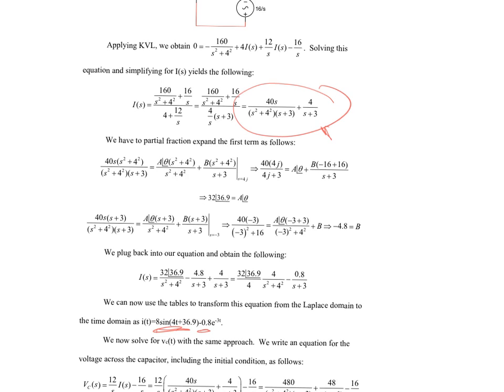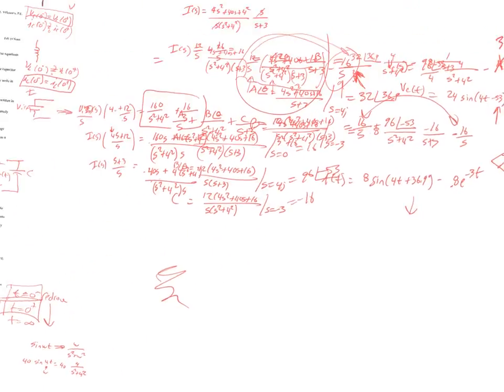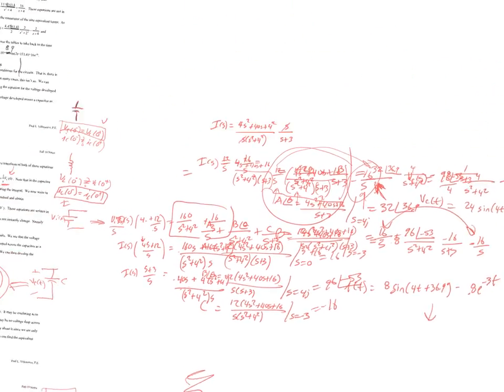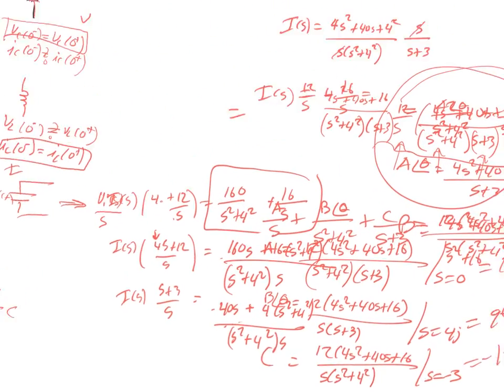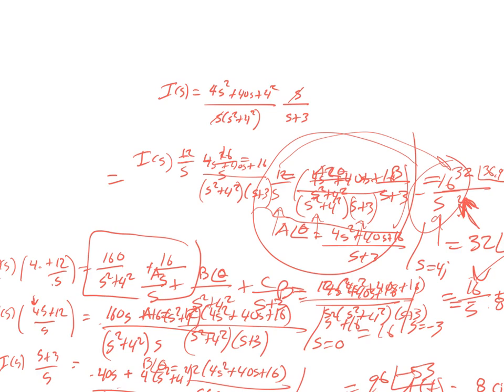When I did the I of s here, you notice how I kept them in two different terms. If you look at my I of s here, I ended up with I of s equal to 4s squared plus 40s plus 4 over s squared plus 4 squared times s plus 3.